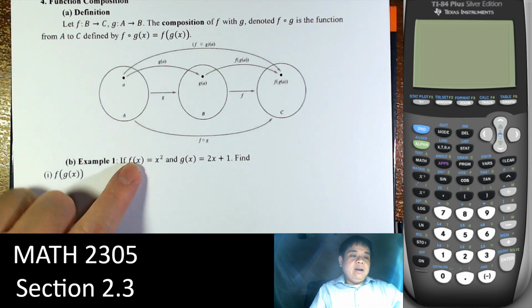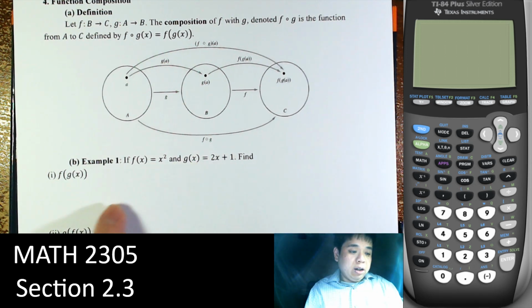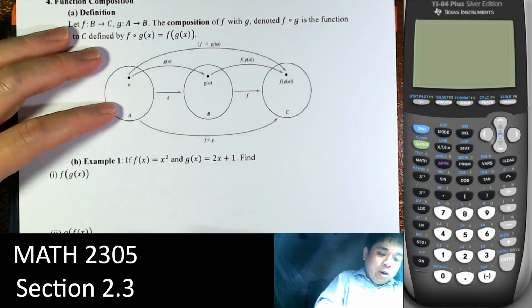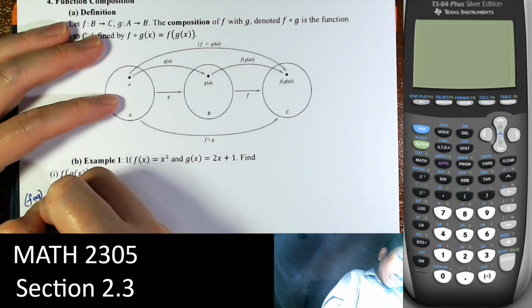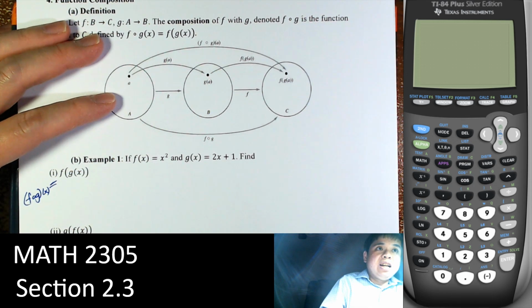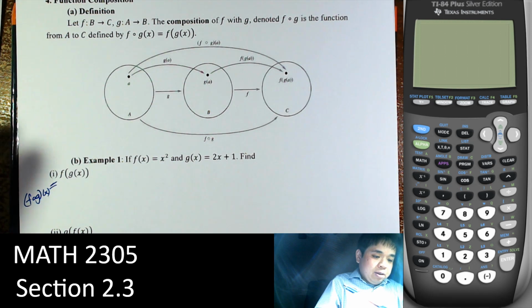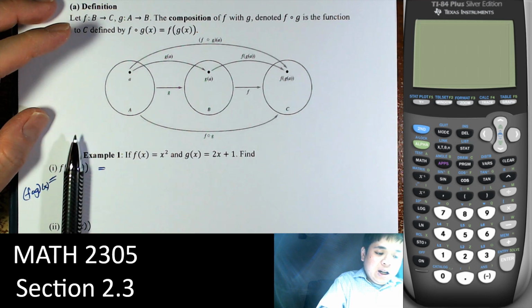Now let f of x be x squared and g of x be 2x plus 1. Find f of g of x. By the way, this is equal to f little circle g of x, because we can ask it that way as well. So f of g of x. First of all, I will ignore what is inside.